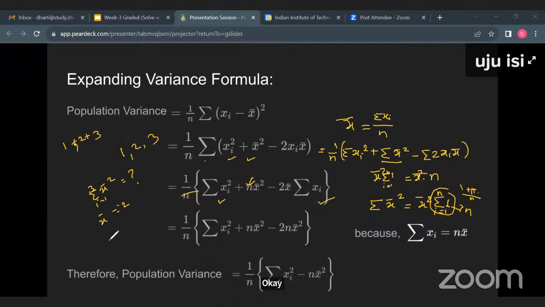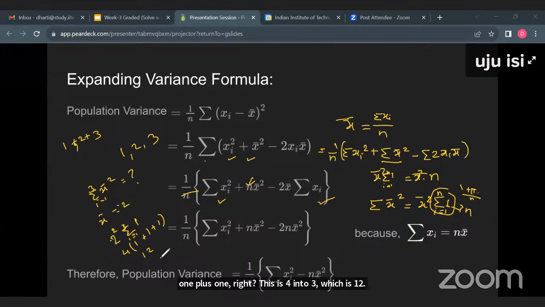It is summation i equal to 1 to 3 of x bar square. My x bar is equal to 2, so I can common out 2 square because it will not vary. 2 square into summation of 1, i equal to 1 to 3. So what is this summation? It will be 4 common out into 1 plus 1 plus 1, right? This is 4 into 3, which is 12.